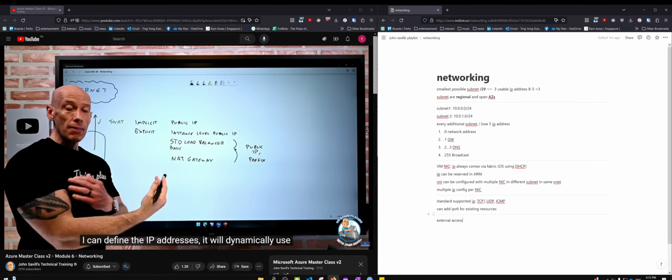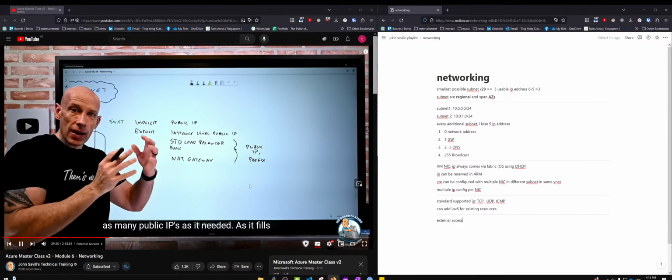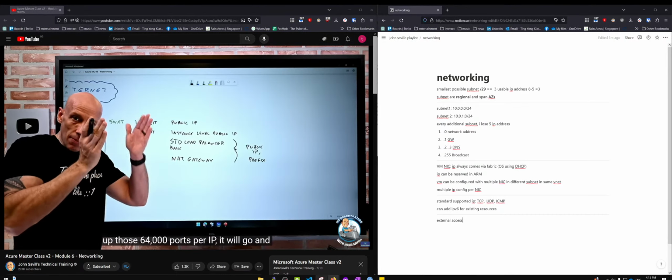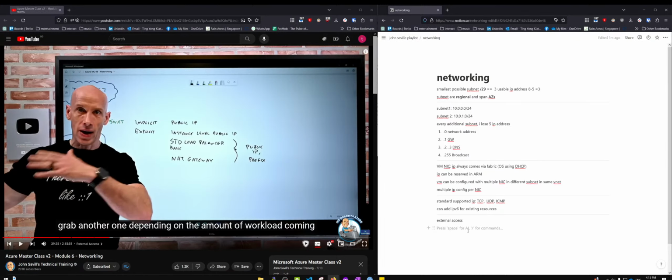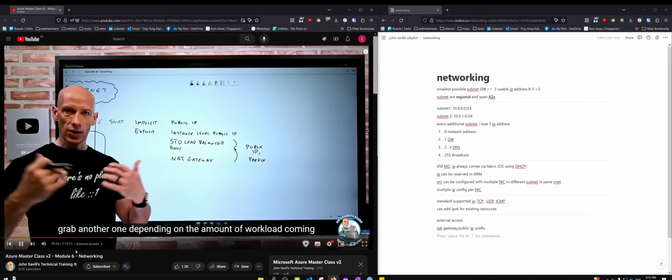It will dynamically use as many public IPs as it needs. As it fills up those 64,000 ports per IP, it will go and grab another one, depending on the amount of workload coming in.